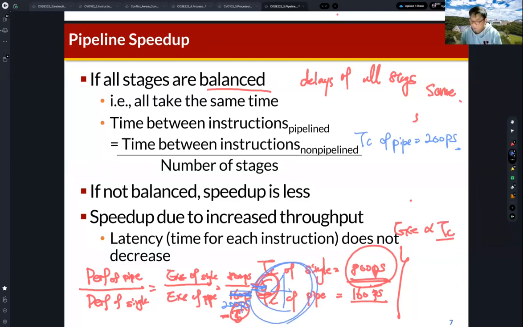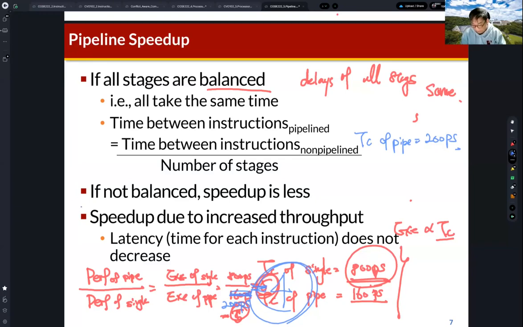Do you understand? If we can balance the delay of each stage, which means the delay of each stage is the same, then we can maximize the performance benefit of pipelining. But if the delay of each stage is not balanced, then the performance benefit is reduced.